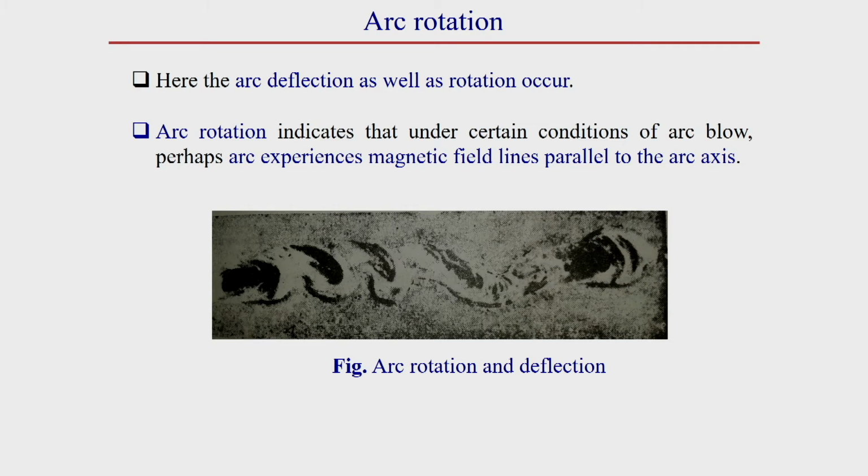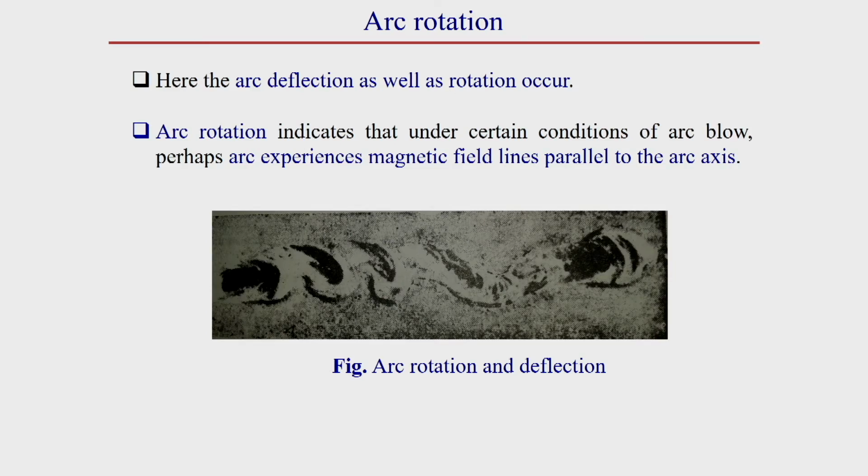That means rotation as well as arc deflection takes place. Due to this, the bead shape looks wavy in nature, with some sort of rotation as well as deflection in the shape of the weld bead.